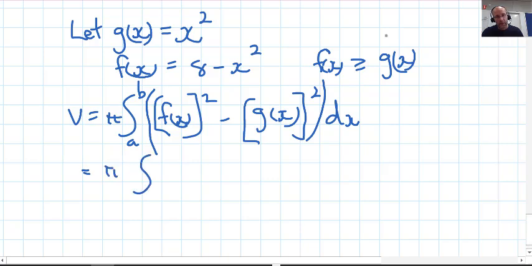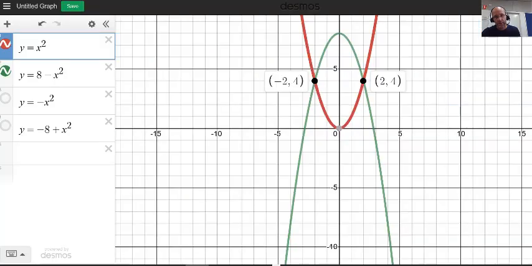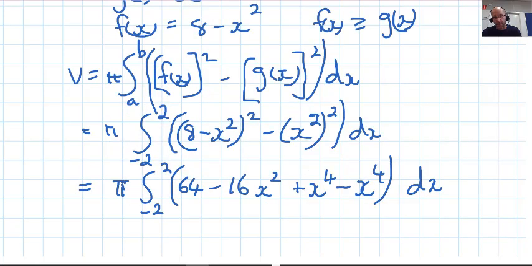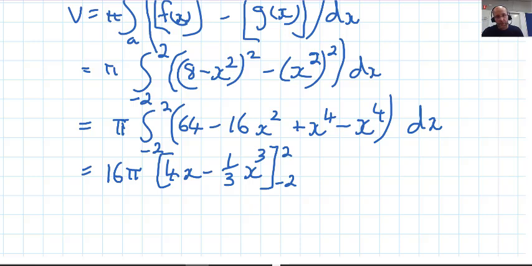Remember the limits of integration. They're going to be 2 and negative 2 from before. And so we would have this set up, and I'll go through quickly now because the integration part should be familiar to us. It's setting it up that's the new part. We take a factor of 16 out and integrate after we've simplified the x to the power 4, and we apply the limits now. I get 512 pi on 3 units cubed.